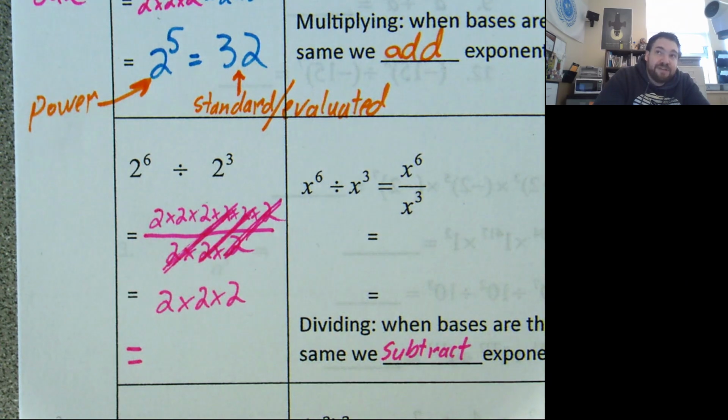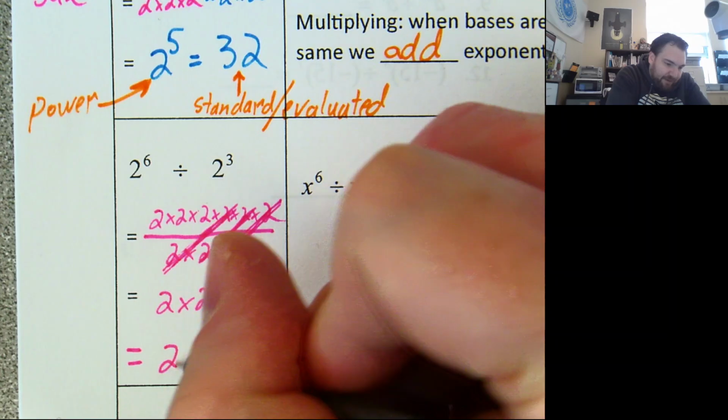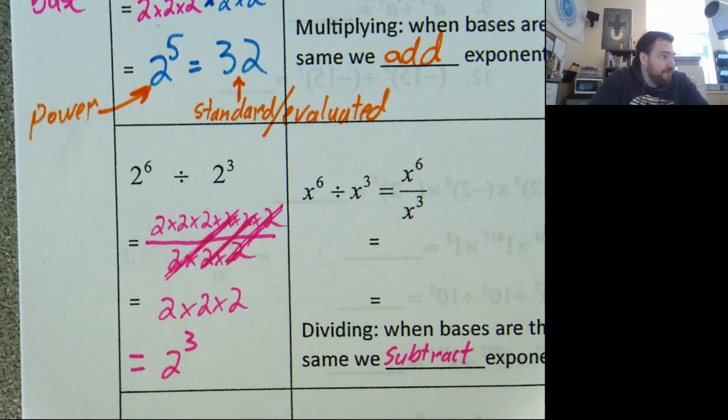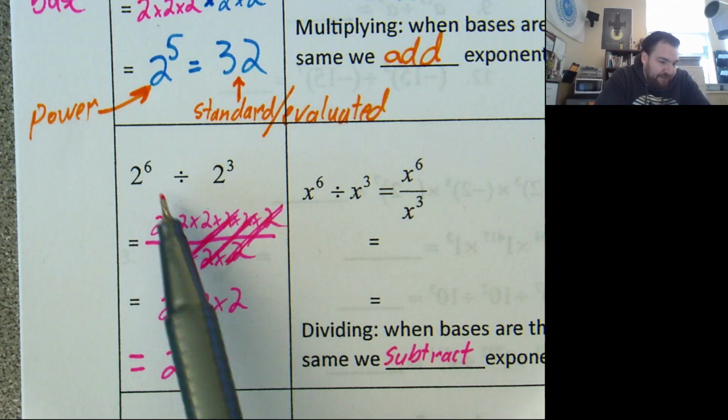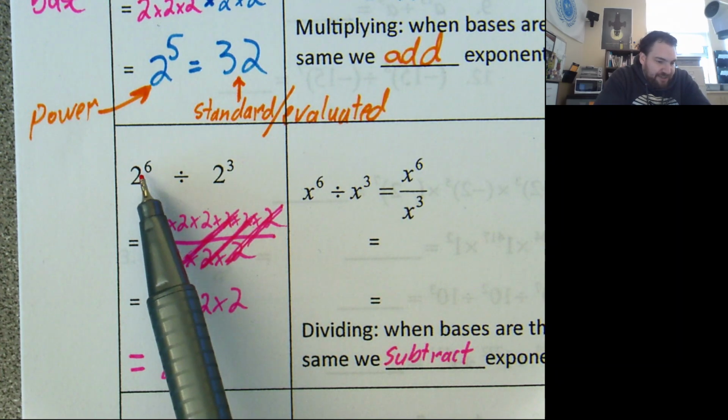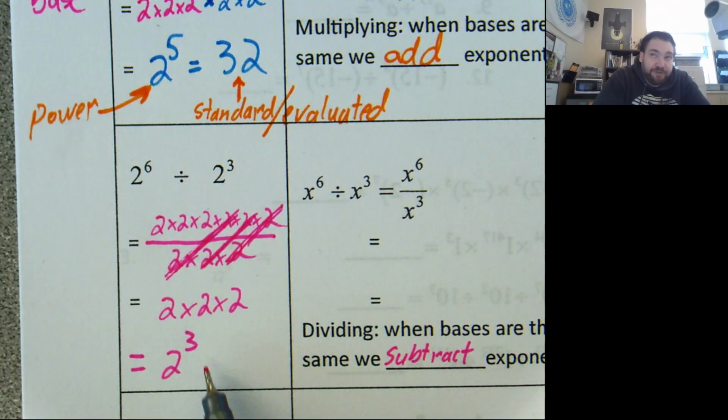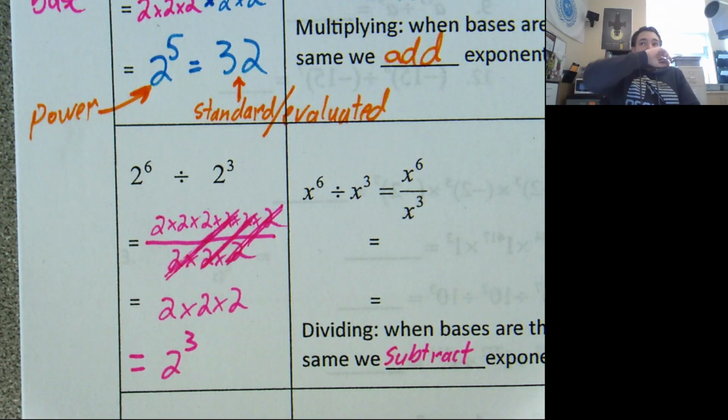So this is the same thing as 2 times 2 times 2. We'll add in another equal sign here. So that's 2 to the power of 3. That was the long way that I tried to justify with you how this rule works. And if you look here, I can make this argument. Well, I've got 2 to the 6 divided by 2 cubed, and I end with 2 to the 3. How can I use 6 and 3 to get 3? Jared said it before, Dakota said it now.